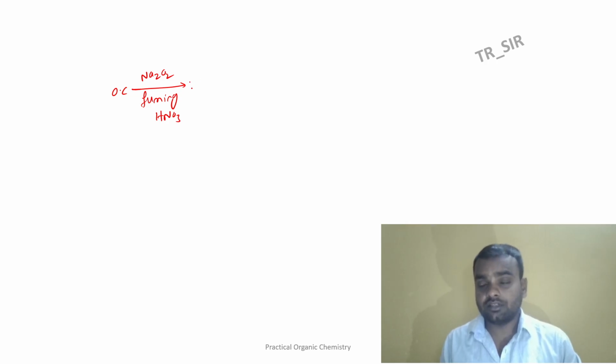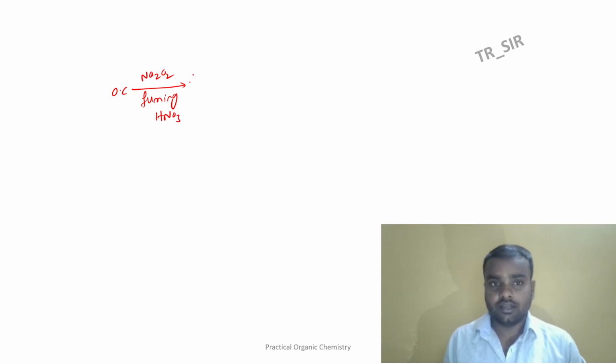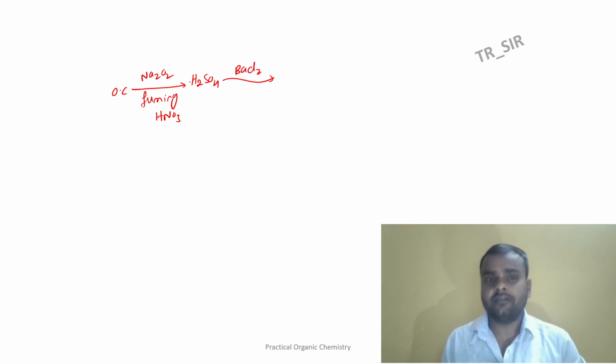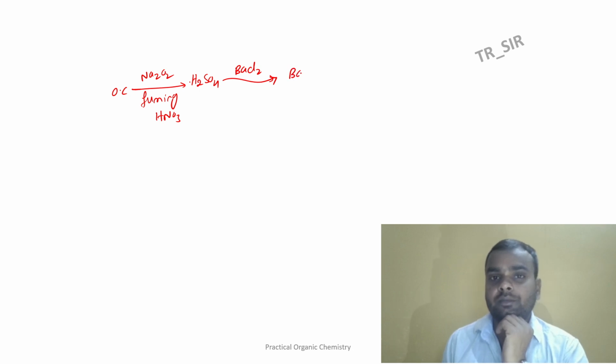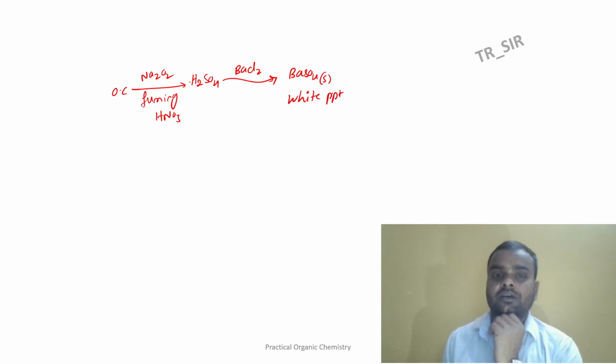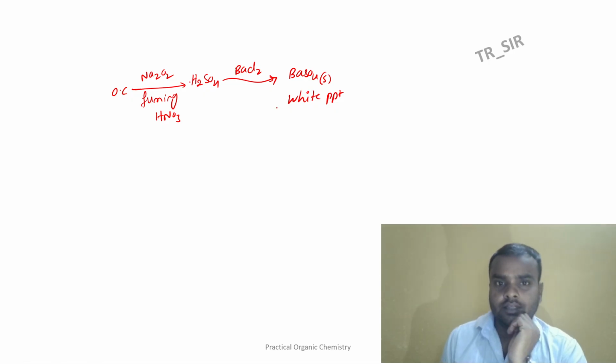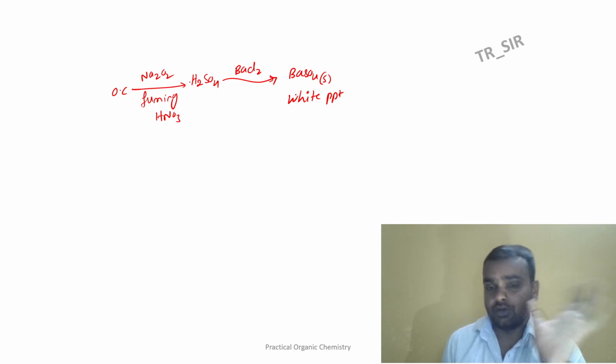Here, what is forming now in this case? H2SO4 will be forming. If you treat this H2SO4 with barium chloride, what will it form? Tell me. It will form barium sulfate. This white precipitate will be formed. Now, this will be washed and filtered.